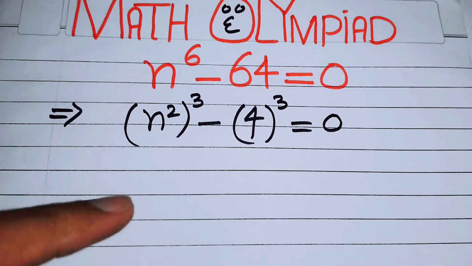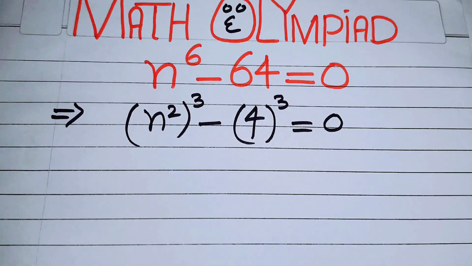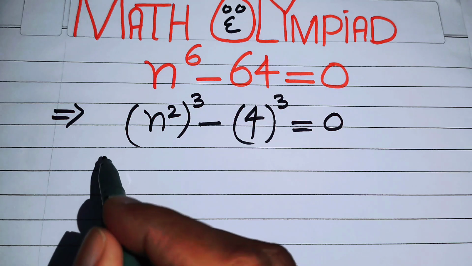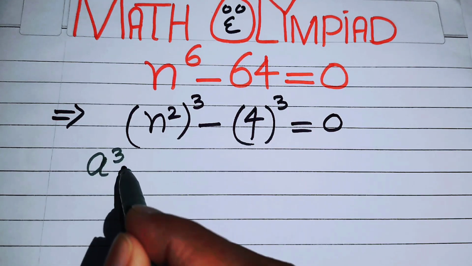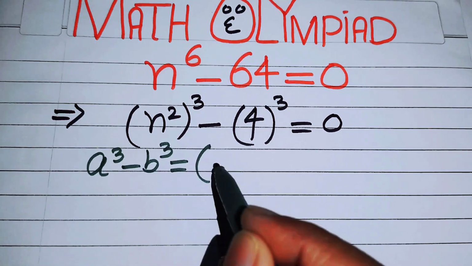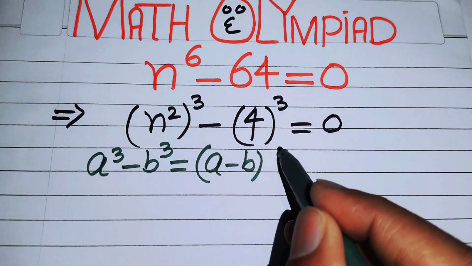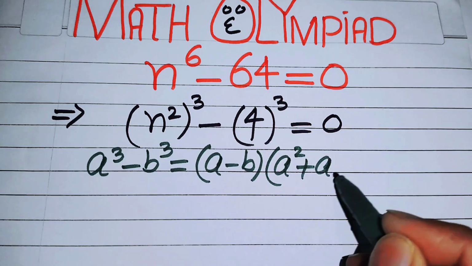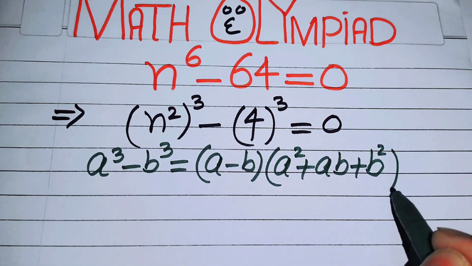In the next step we will use the well-known cubic identity, which looks like this: a cubed minus b cubed equals a minus b times a squared plus ab plus b squared.